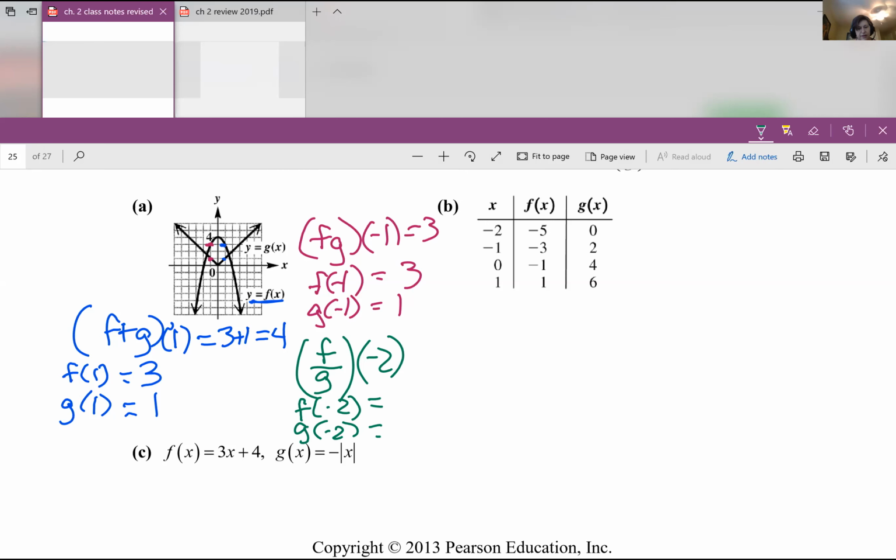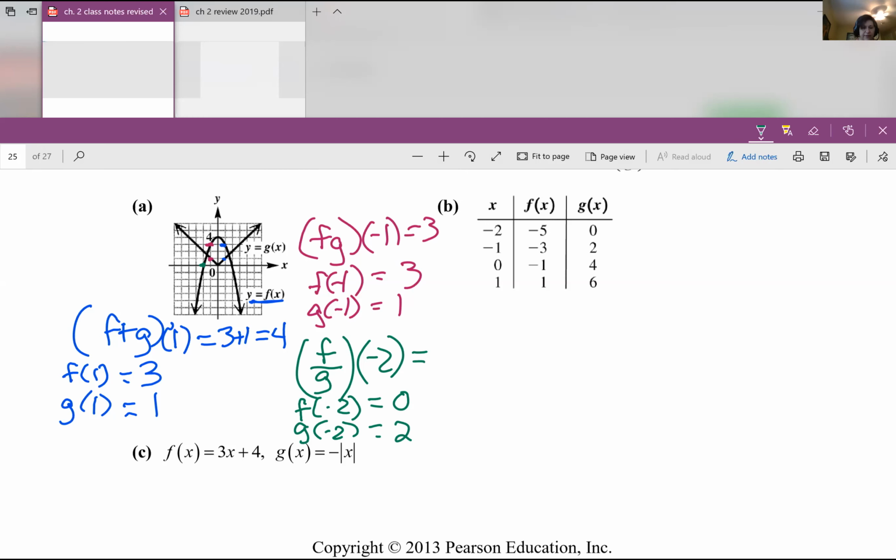What do you think f of -2 is? 0? Good job, 0. When x is -2, that's the point where the parabola is crossing the x-axis. The y value is 0. Now, what's g of -2? Positive 2.